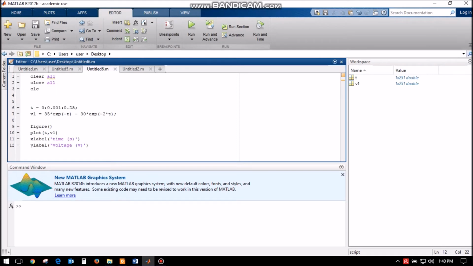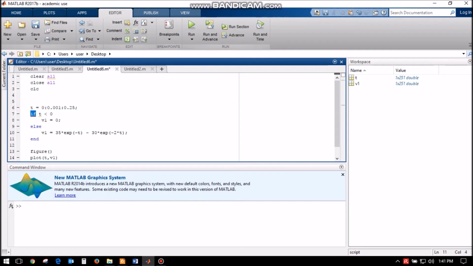So what we can do here is write an if-else statement. If the time is less than 0, then v1 is 0. Else, v1 is this equation.